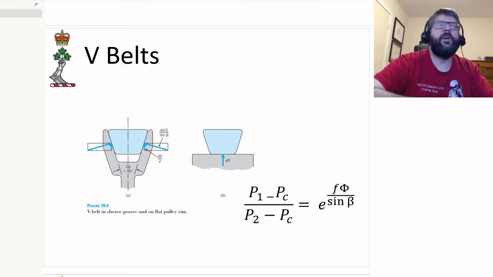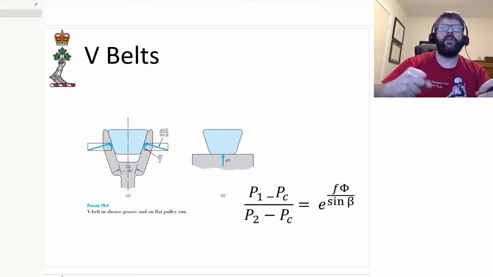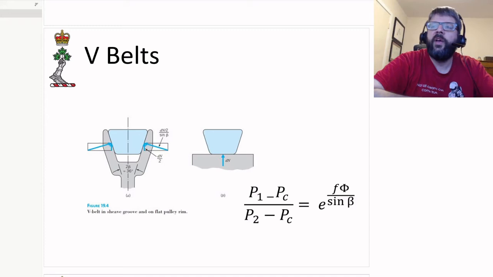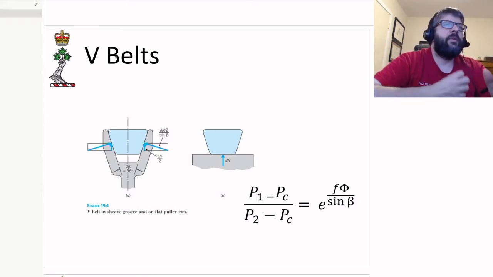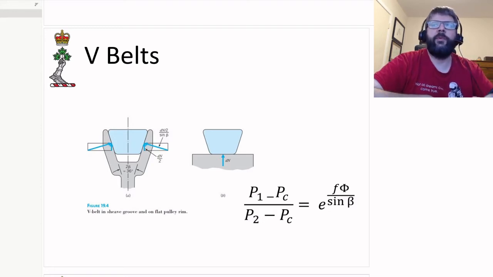The point of the V belt is that when you shove it into the V groove in the sheave and pull on it, you're increasing the normal force between the surfaces it's resting upon. It's touching this surface here, and then it's tightened.